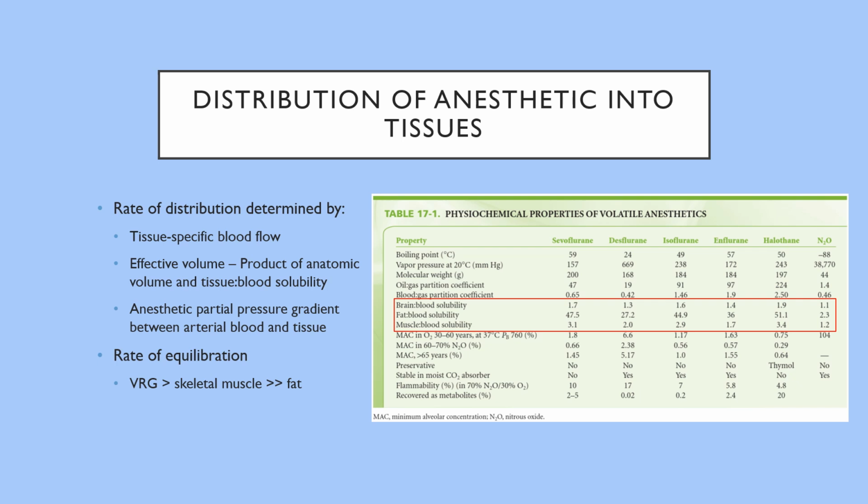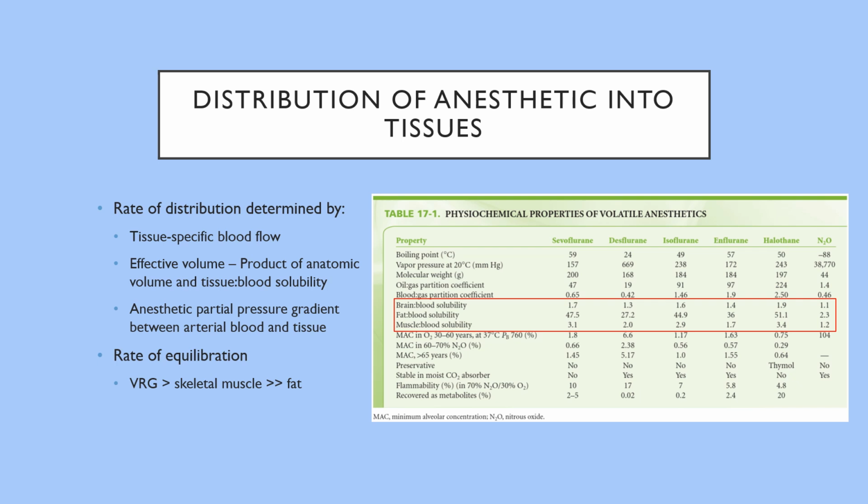Now, the vessel-rich group equilibrates the quickest due to relatively small effective volume and the greatly increased blood flow. As far as muscle and fat, they have similar cardiac output, but despite having a higher body mass percentage, muscle equilibrates faster than fat, and this is primarily due to fat's much higher effective volume, which is a result of the high fat blood solubilities of anesthetics that you can see in the graph to the right.